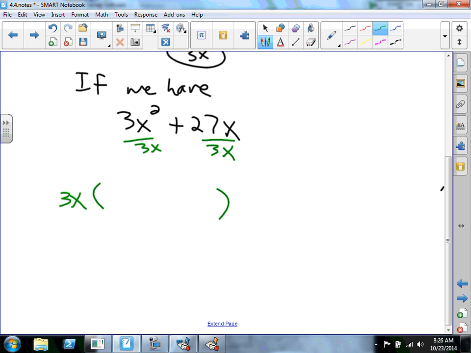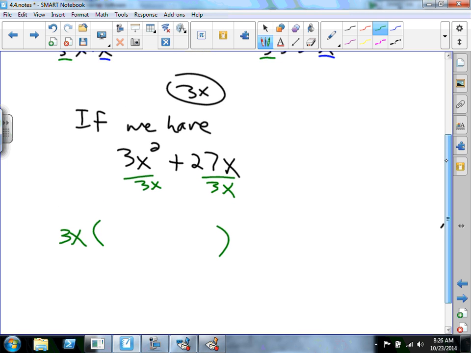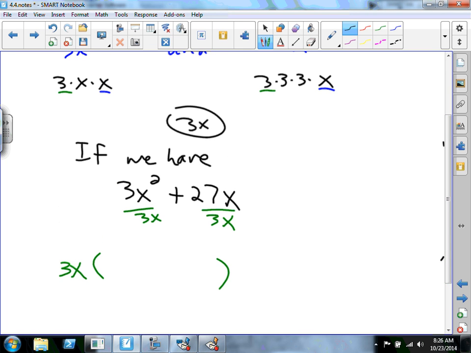And this is where I like breaking things down into the factors, and some people really don't like the way I show this, but for me it works. If I go back to the factors that I had, once I divide out that 3x, this 3 is going to go away, this x is going to go away, this 3 is going to go away, this x is going to go away. So what's left? What's left is an x and a 9, and since it's a polynomial, I do need those operators in between. So it's x plus 9. Does that make a little bit of sense?